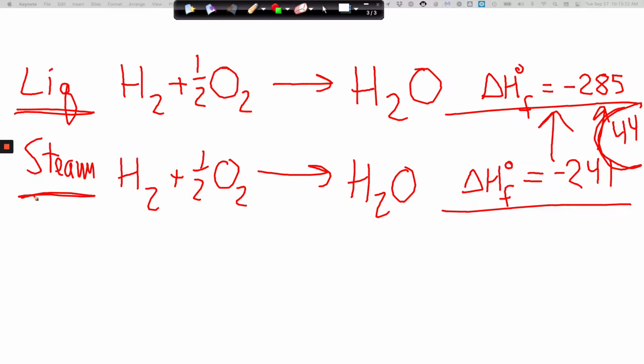Bond formation gives off energy. And guys, aren't all of these synthesis reactions where elements are bonding together into compounds? And if they're all synthesis reactions, shouldn't all of these be negative because energy is coming out as the bonds form? They should be. But guys, why are all of them not negative?